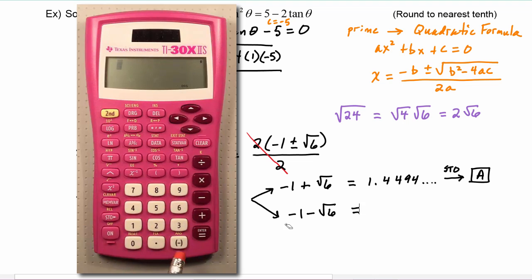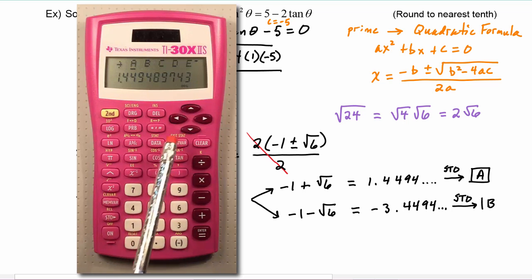Let's enter -1 minus radical 6, and we see that we get -3.4494. You don't have to write down every decimal place, just indicate enough, and then let's also store that. I guess we'll put that in B.